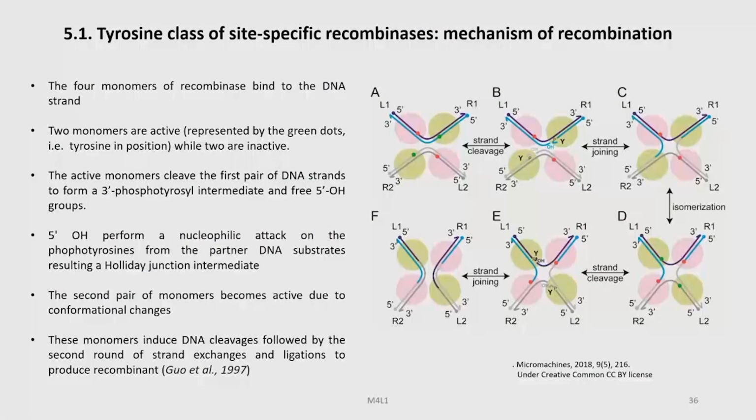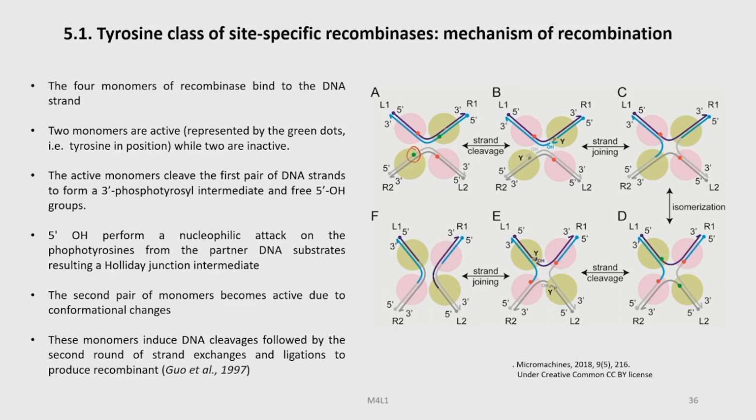Here 4 monomers of recombinase bind to the DNA strand. So, these are the DNA strands and you can see here the 4 monomers which are binding. 2 monomers are active, represented by the green dots.